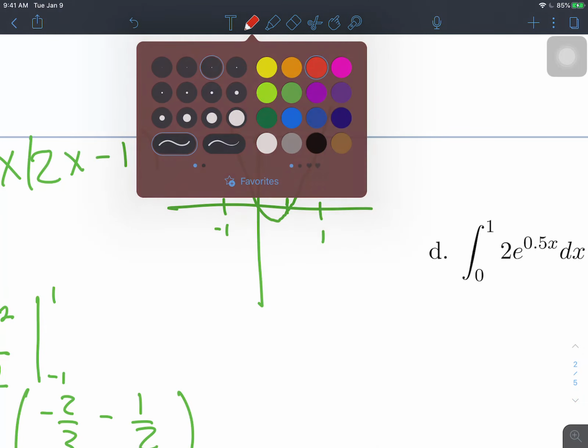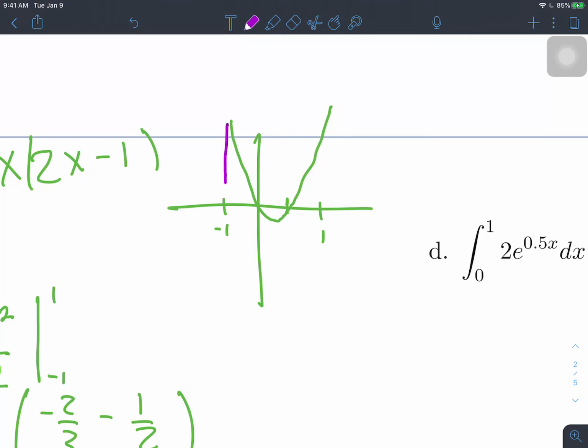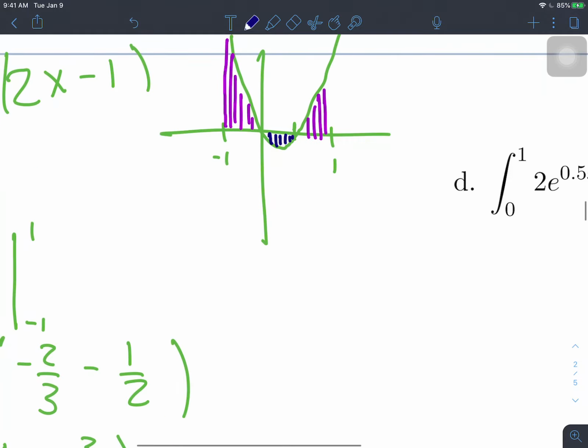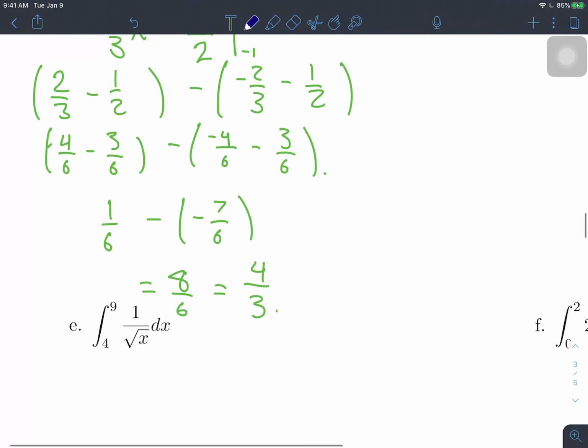We took this purple area and we subtracted from it the blue area, the dark blue area. That might look black on the projector. If we take this purple area and subtract that blue area, we get 4/3.